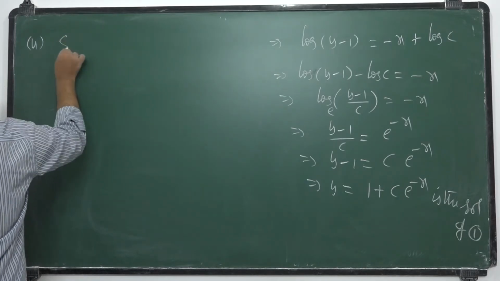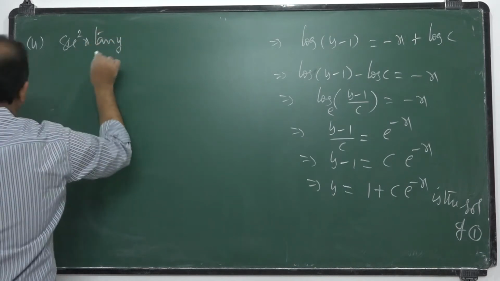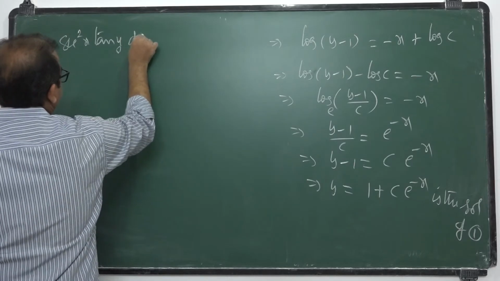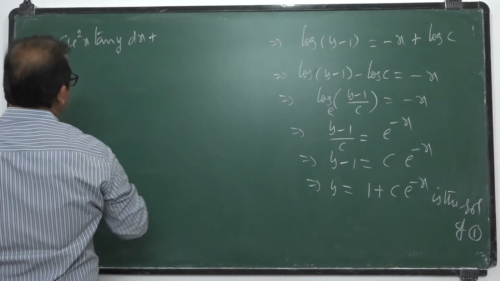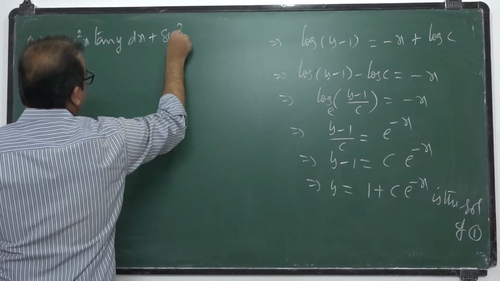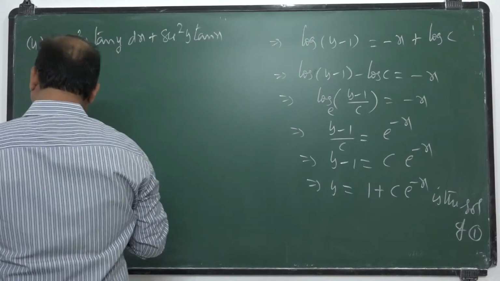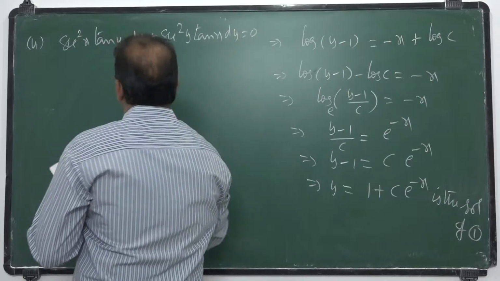Secant square x tan y into dx plus secant square y into tan x into dy is equal to 0.